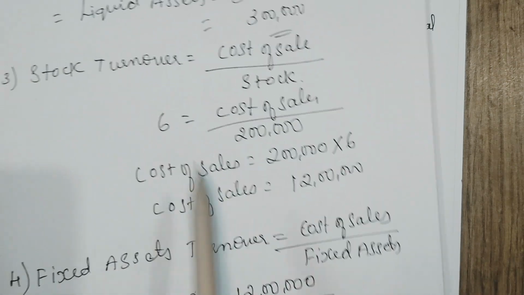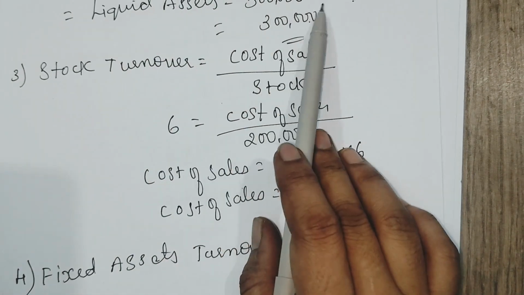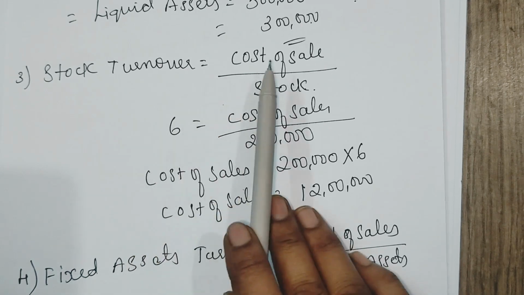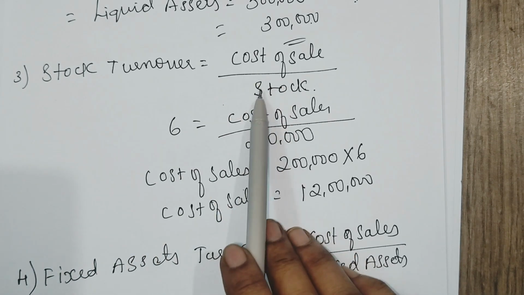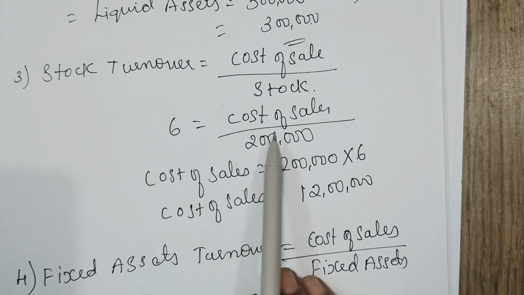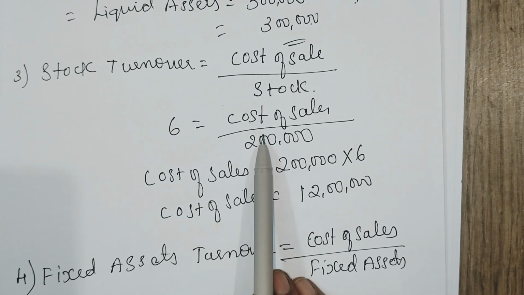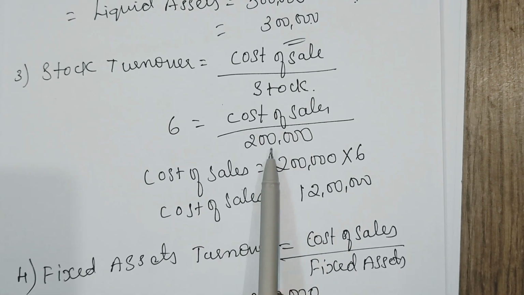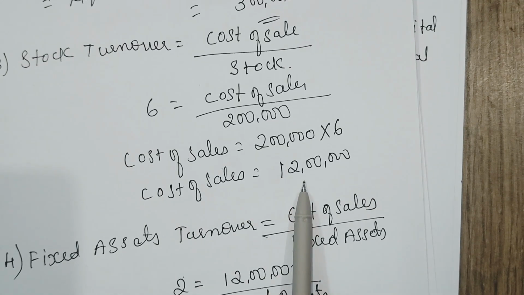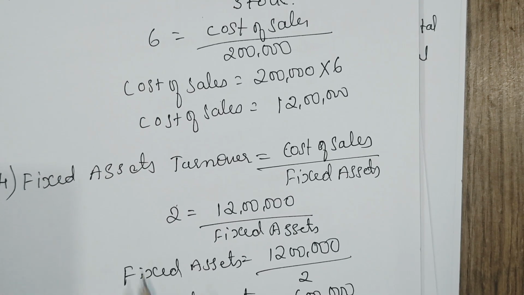Then liquid asset is 5 lakh minus 2 lakh, then it is 3 lakh. Stock turnover ratio is cost of sale divided by stock. Turnover ratio is given 6. Cost of sale we need to find out. Stock we know already 2 lakh. Cross multiplication, cost of sale becomes 12 lakh.